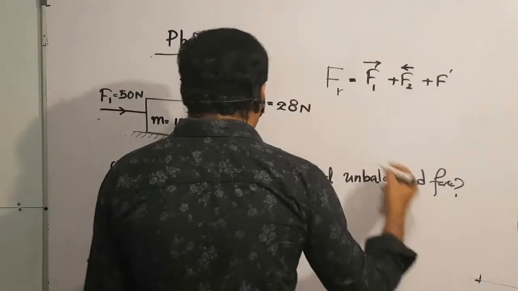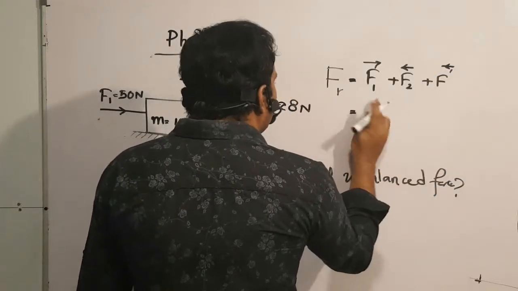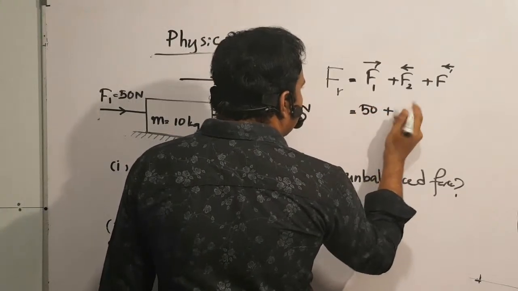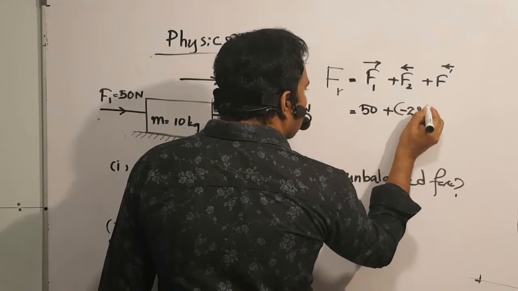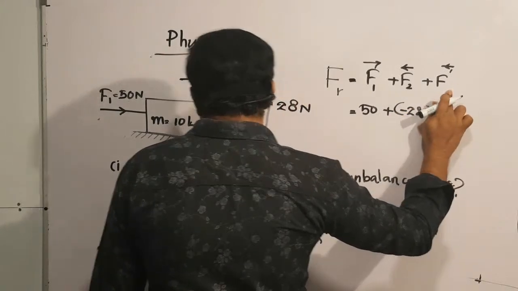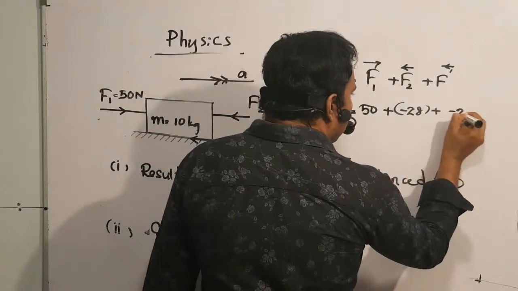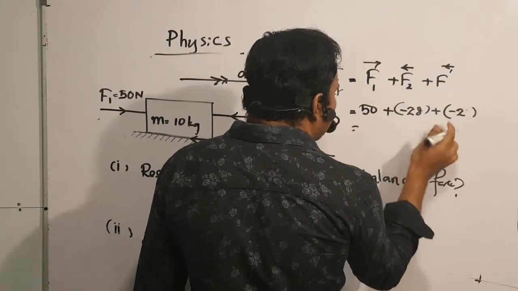Then F dash is always against. So F1 is 50 plus F2, that's minus 28, plus friction, that's 2 newtons, also minus 2. So altogether minus 30.